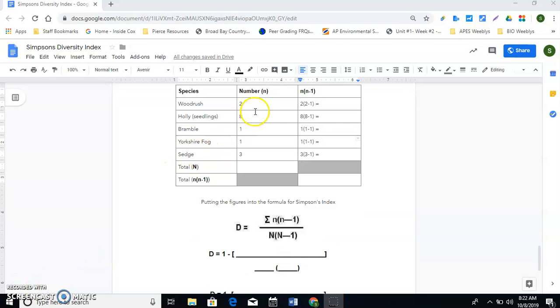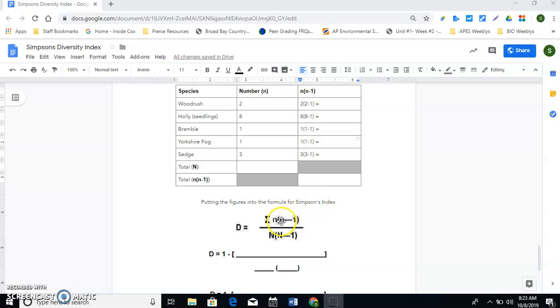Alright, here we are looking at species of trees. I have my number of each species: 2 wood rush, 8 holly, 1 bramble, 1 Yorkshire fog, and 3 sedges. Now that I have my little n, the number of each individual species, let's do some math.